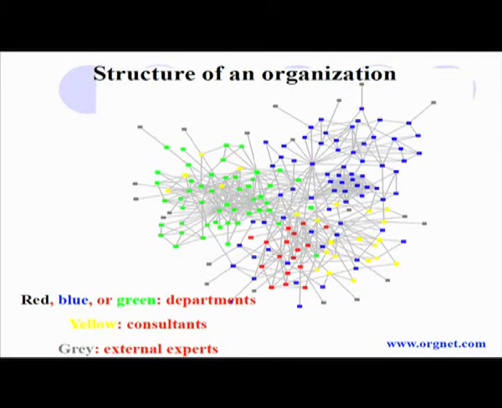To motivate further, I give you another example, the structure of an organization. All the red, blue, and green nodes are the different departments of the organization, yellow are the consultants to the organization, and gray are some external experts, and you see edges running between each of these entities in this organization.